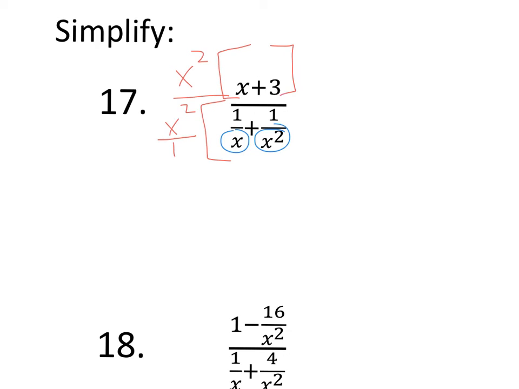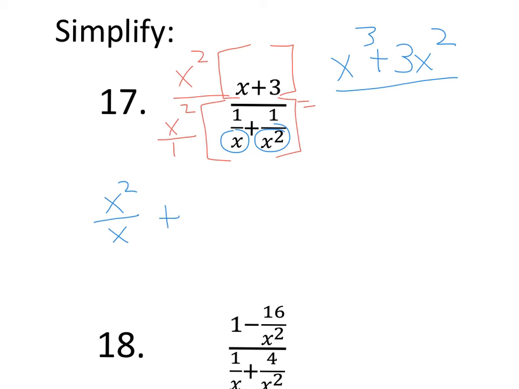Alright, so in the numerator this just gets distributed. So it becomes x cubed plus 3x squared. In the denominator, I'm going to write it down here so that you can see what happens. This is top times top, bottom times bottom to give us new fractions here. So this is going to be x squared over x plus, do this one, x squared over x squared.